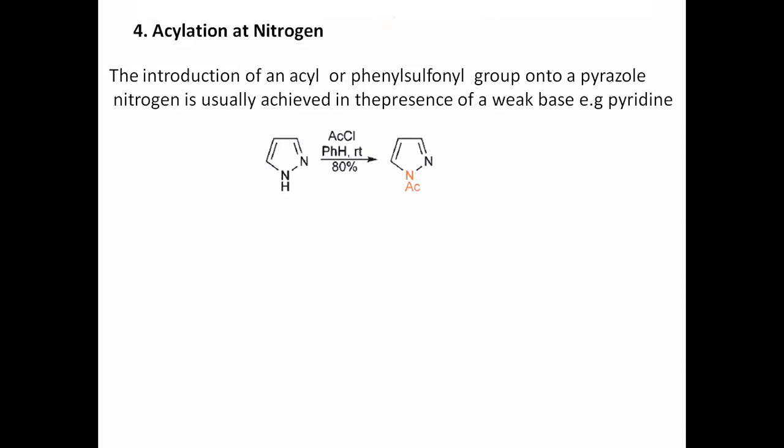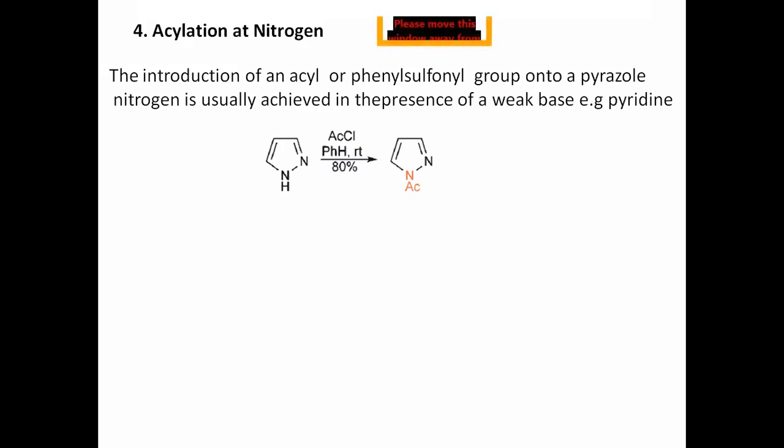It may go to the nitrogen, it may go to the carbon also, definitely. Okay, and they will give you a product. For example, you see this is the pyrazole, and you add acetyl chloride, and you take benzene as a solvent at room temperature. No problem. Very simple reaction.